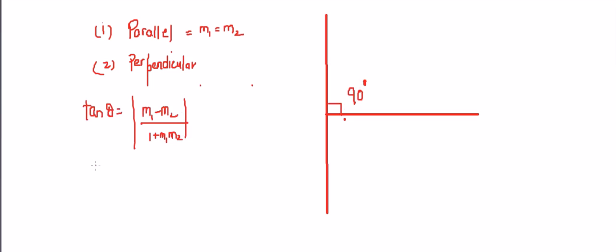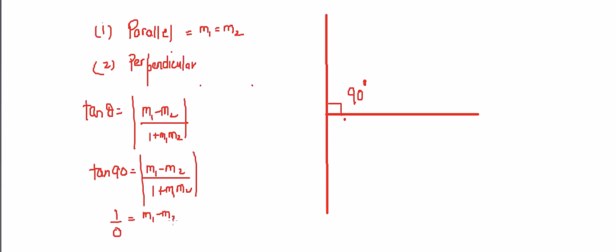When they are perpendicular, I need to put tan 90. Tan 90 is infinity, which means 1 over 0. Now I need to cross multiply. When I cross multiply it, I'll get 1 plus m1 m2 equals 0.